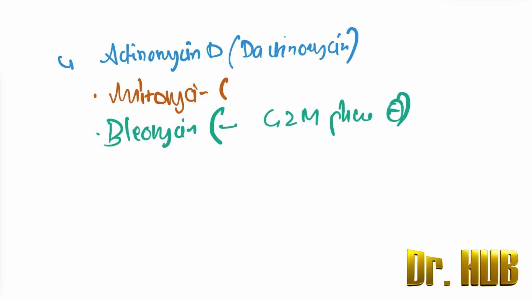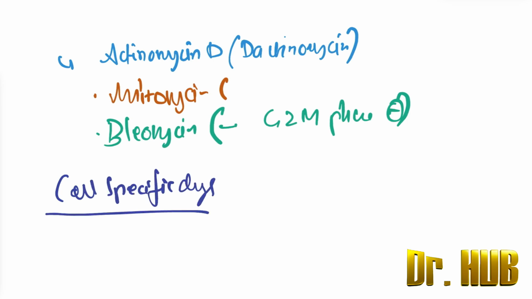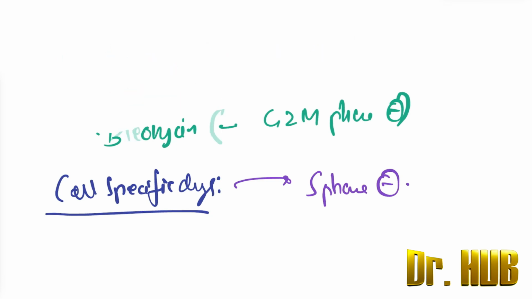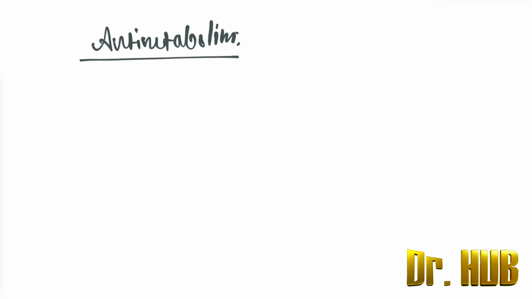Next, we move on to the cell-specific drugs. What do the cell-specific drugs include? There are the S-phase inhibitors. Under the S-phase inhibitors, it includes the antimetabolites.